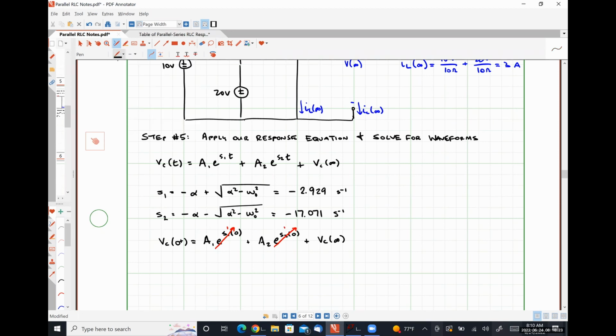So this expression reduces to A1 plus A2 plus VC at infinity.